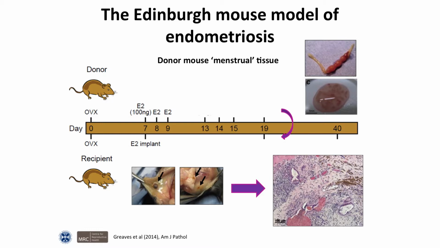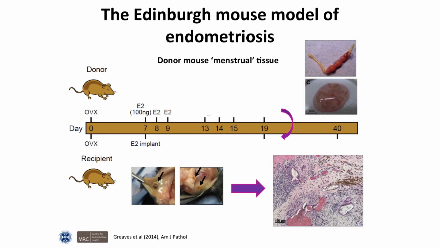The Edinburgh mouse model of endometriosis is different because we use what we're calling donor mouse menstrual tissue. I already showed you the timeline for our mouse model of menses. The donor mice are induced to go through this menstrual-like event, and we collect the decidualized material, resuspend it, and inject it into the peritoneal cavity of recipient mice.